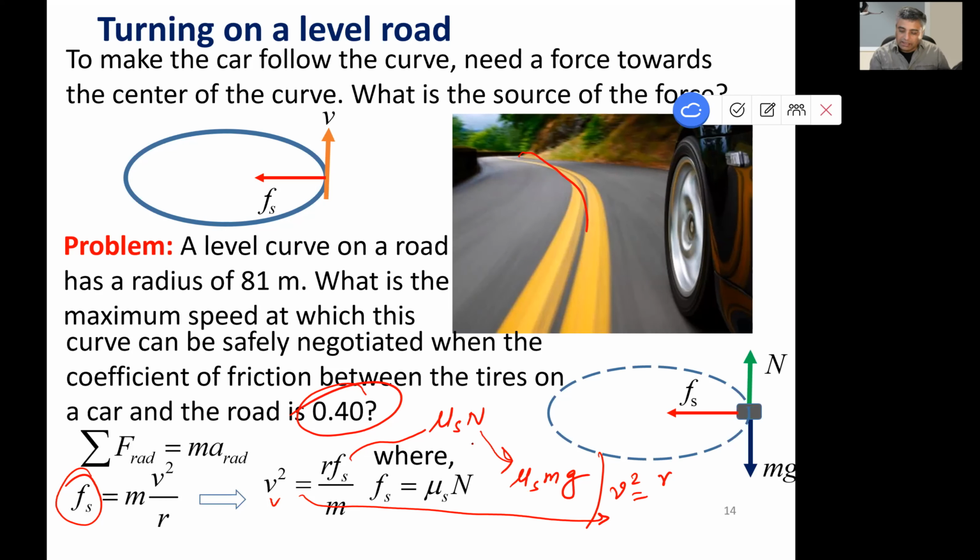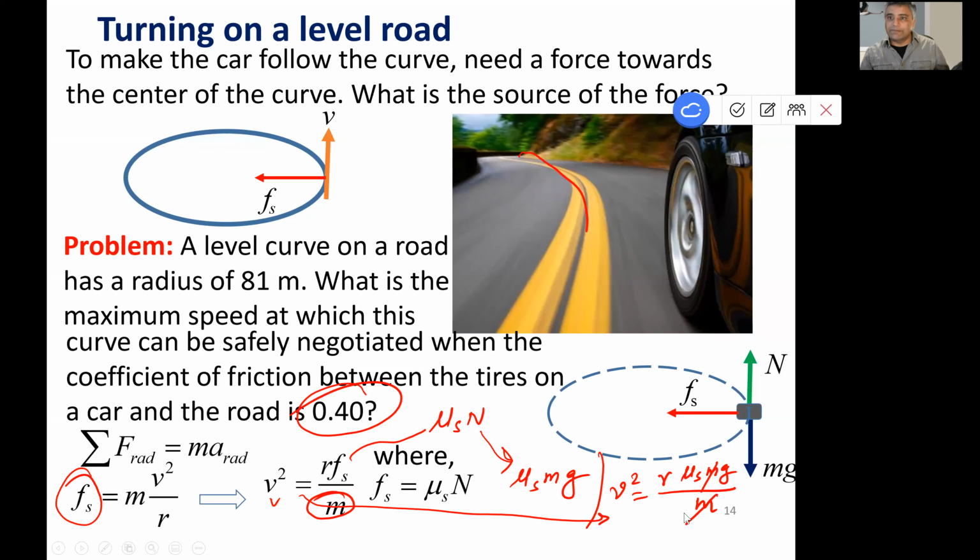What is Fs? Mu s times n. What is n? mg. So that means it's mu s times mg, divided by m. See, there is m still there. So again, it does not depend on mass, so we don't need to worry about whether it's a car or big truck. The speed is gonna be the same. So you don't need different speed limit for car and the truck on the road, for the turn.